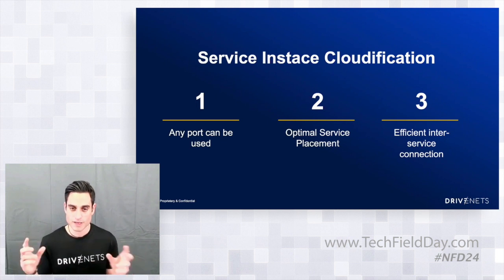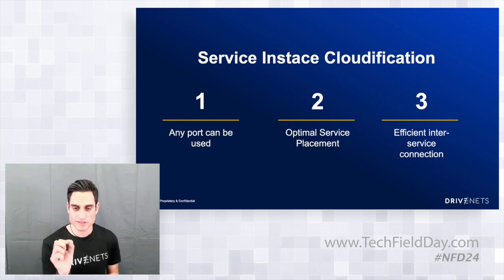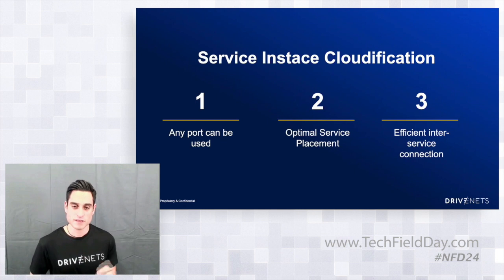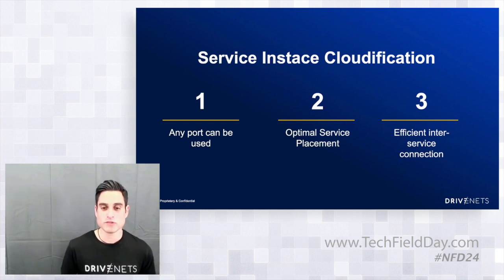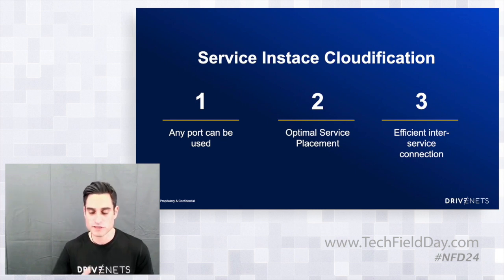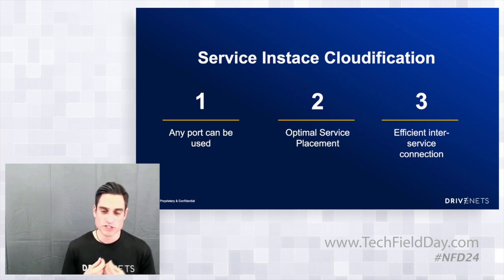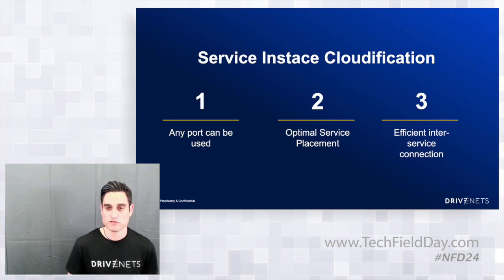I look not at the local problem, just the VPN, just the internet, just whatever. I want to do global optimization, and I need to have an efficient inter-service connection. Power efficient, time efficient, and efficient in terms of enabling you to roam this traffic, even internally, by change of configuration and not by change of cabling.